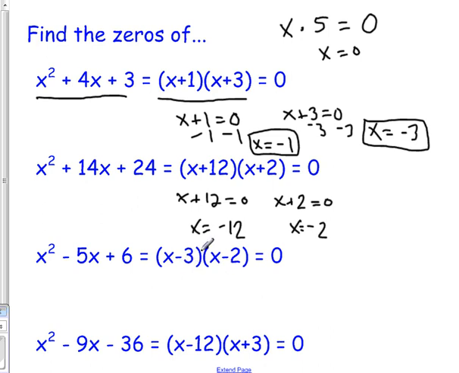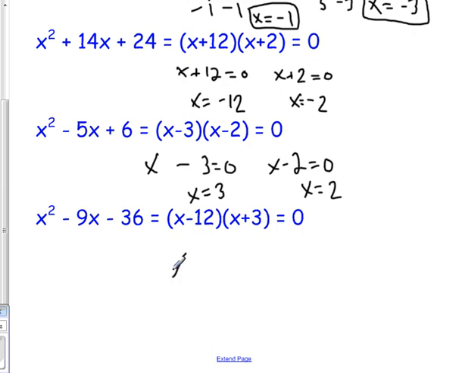If x minus 3 times x minus 2 equals 0, then either x minus 3 equals 0, or x minus 2 equals 0. So here x would equal 3, or here x would equal 2. And then lastly, you could do the same thing. x would equal 12, or x would equal negative 3.